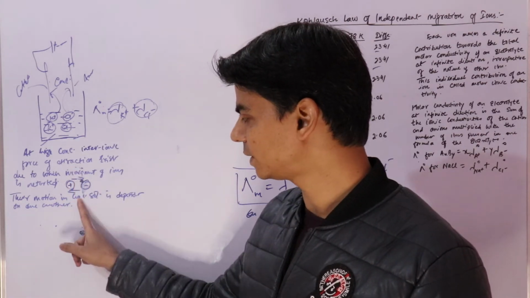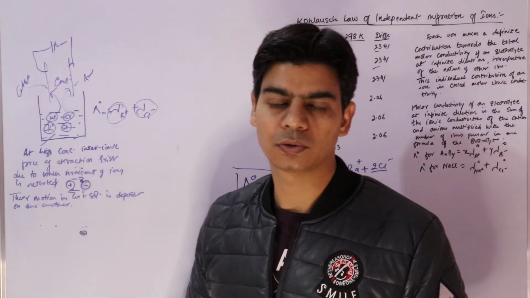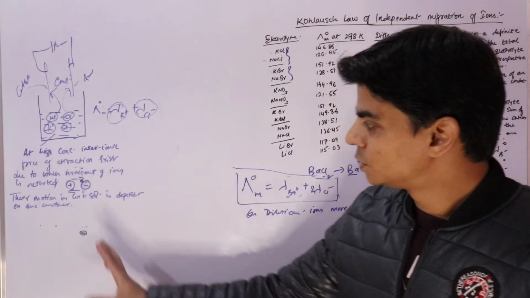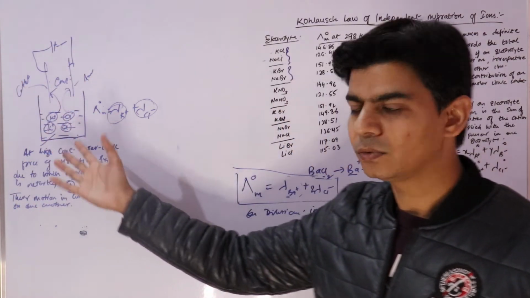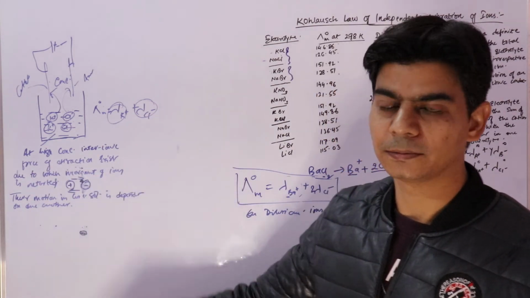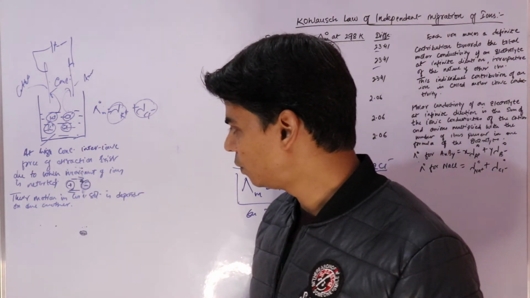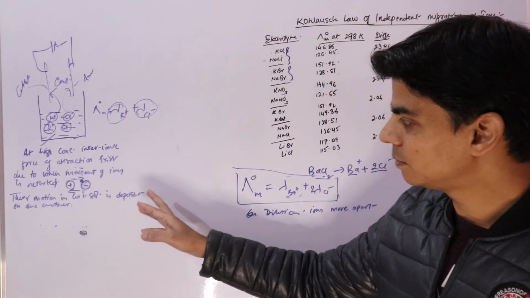So when the force of attraction is lessened, they are more free to move towards their respective electrodes, right. So the ionic conductivity or the molar conductance will increase on increasing the dilution, or when we add water to it, right.